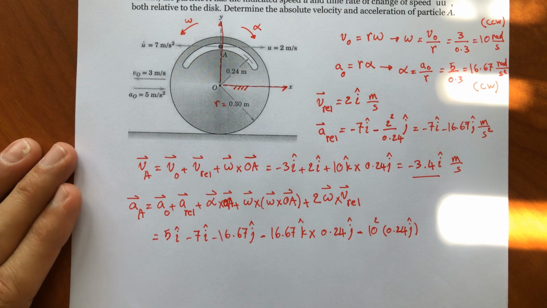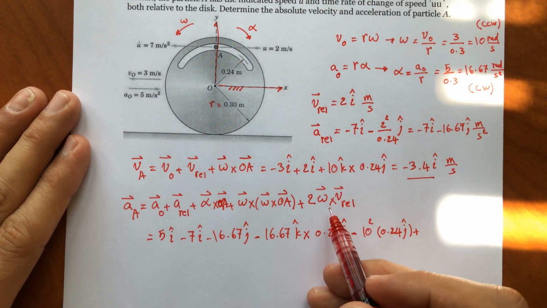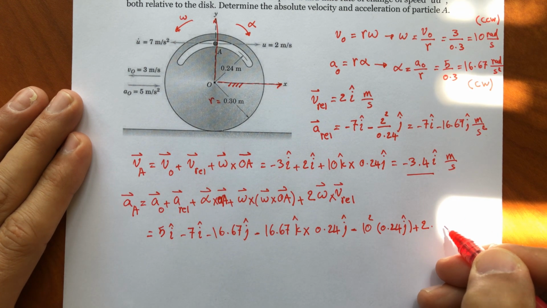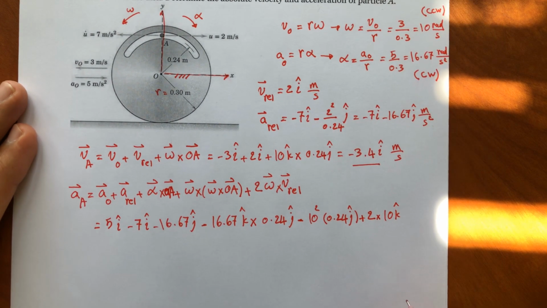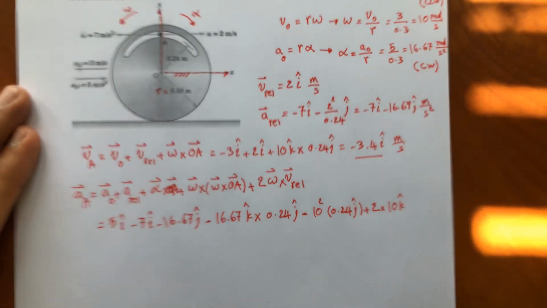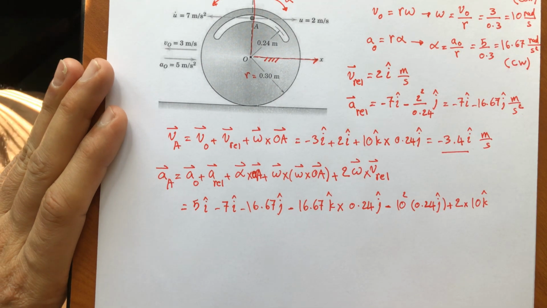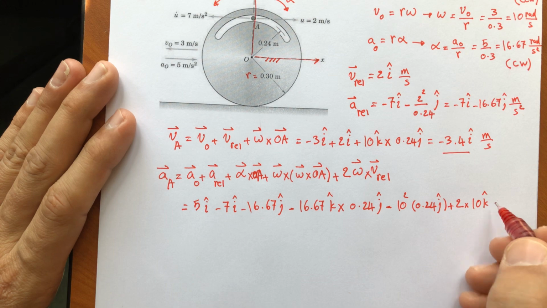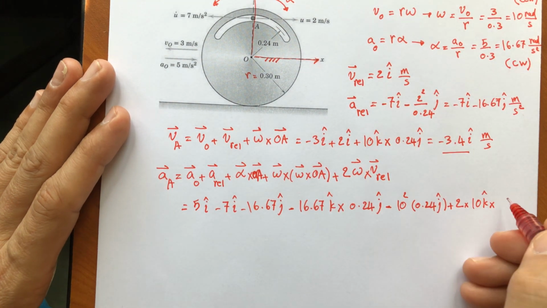There is no cross product here. Then plus 2 times omega, 2 times 10 in the K direction. That's my omega. And then cross product to V rel, and V rel is 2I.